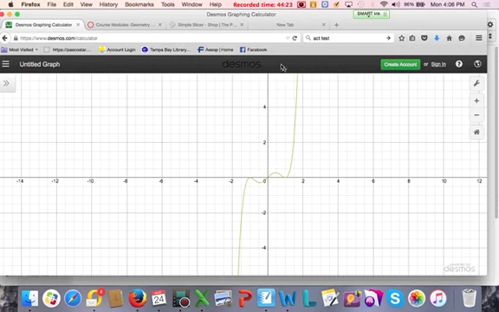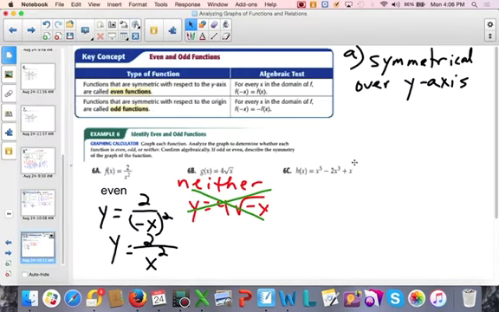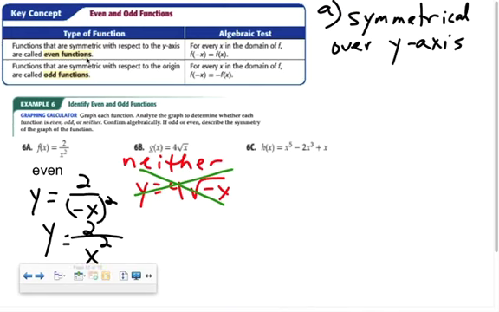I'd hope that you'd notice it's definitely not even. It's not symmetrical over the y-axis, but it could be symmetrical over the origin. Okay, so let's check that algebraically. So I'm going to write down odd with a question mark because I haven't verified it algebraically yet. So if I plug in negative x for x, in order for it to be odd, I should end up with the exact opposite of my original function. Okay, so let's check that out.